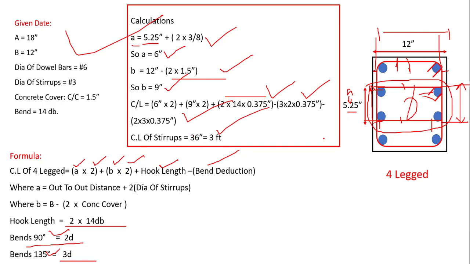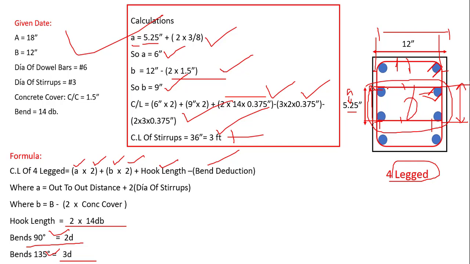All you need to do is add this external one as well, the cut length as we did before in the rectangular stirrup. Add both of these, and this will be the cut length of the 4-leg stirrup. So this is very easy, I think, and I hope you really understand the concept behind how we can find the cut length of these stirrups.